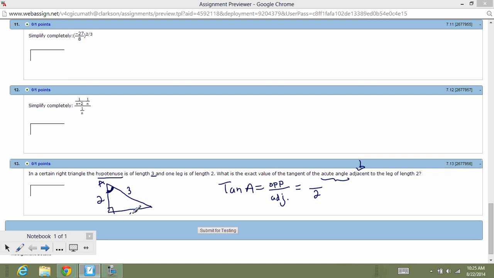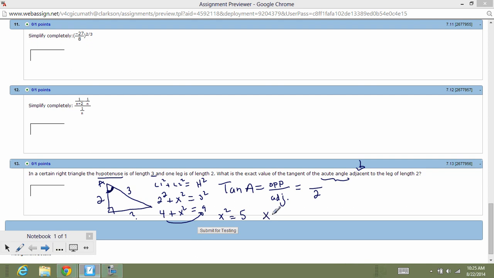Well, of course, we can find the measure of that opposite leg by doing a Pythagorean theorem. Right? Pythagorean theorem says leg squared plus leg squared equals hypotenuse squared. We know the hypotenuse is a 3, and when we square that, we get 9. We know that one leg, it doesn't matter which, is of length 2, and the other leg is what we'd like to find. Give that an x. So we've got 4 plus x squared equals 9. So x squared is 5. Bring the 4 to the other side and use the additive inverse.